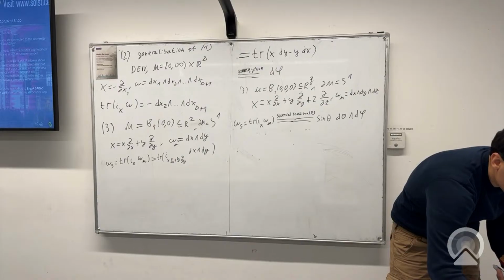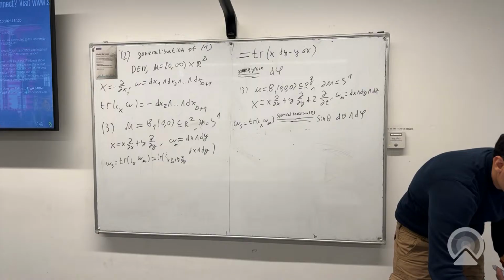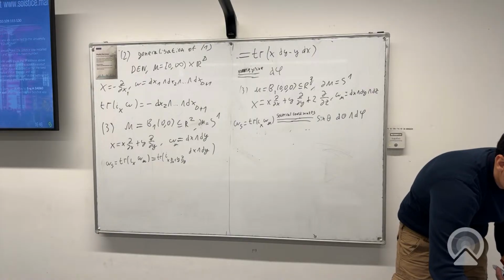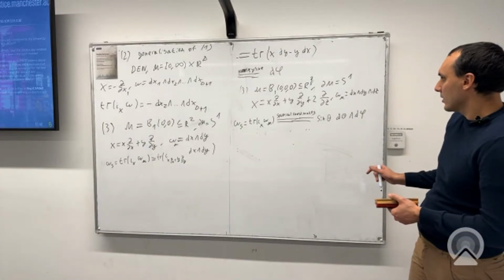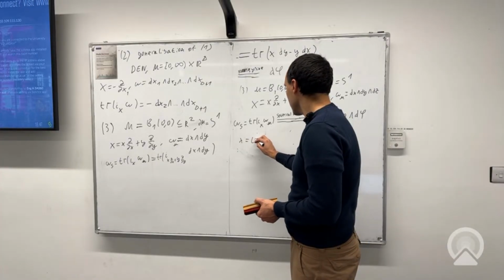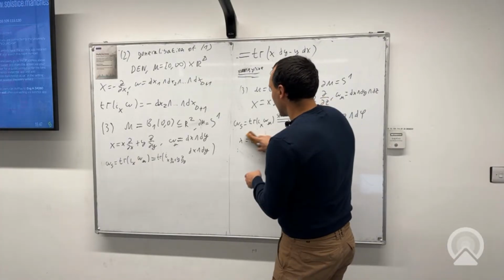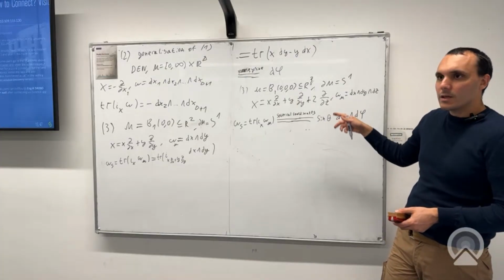Let me check. It's 6.9 in the current version of the preprint. So in spherical coordinates, I use these coordinates. I wrote this many times, so I will not repeat. Phi is the rotation and theta is the azimuth angle.